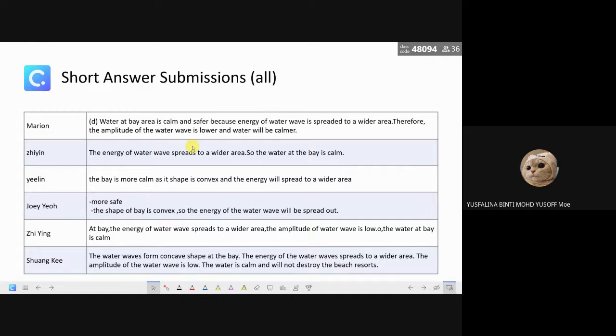Okay, let's check your answer. Very good, Marian. Very good. It's not convex, it's actually concave. This one changed to concave.